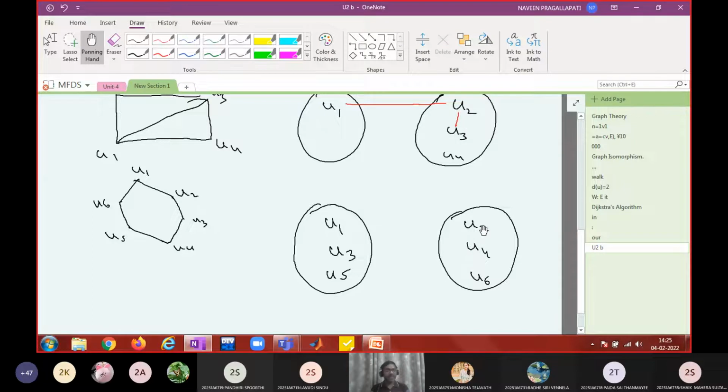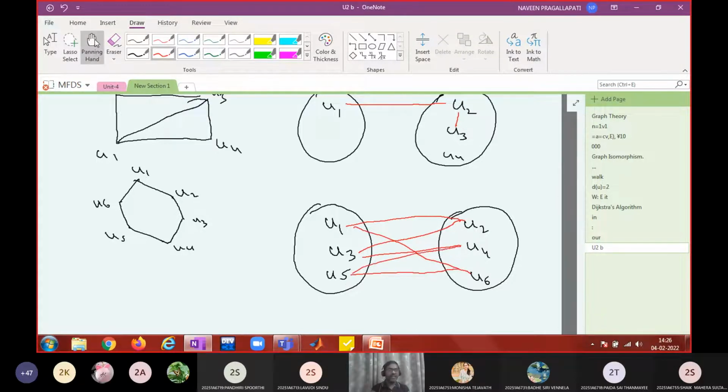So is it bipartite or not? It is. You see here the edges: U1 to U2, U1 to U6, U3 to U2, U3 to U4, U5 to U6, and U5 to U4.